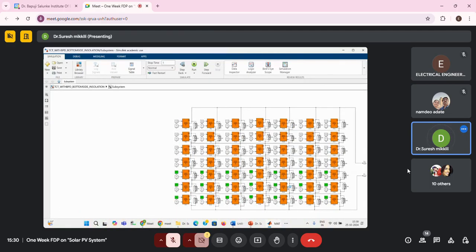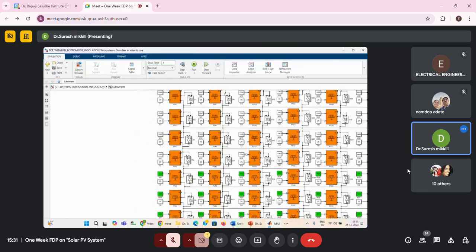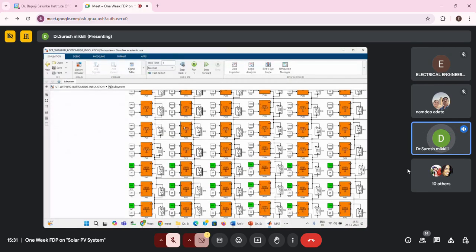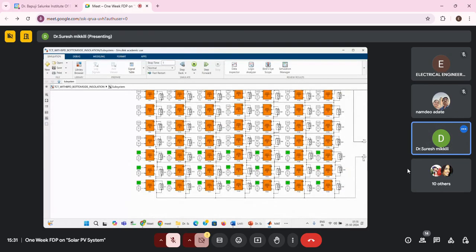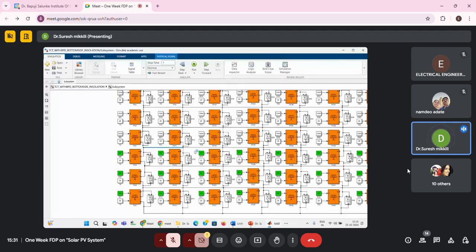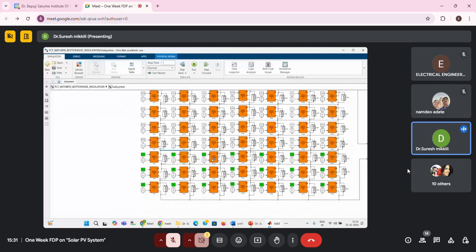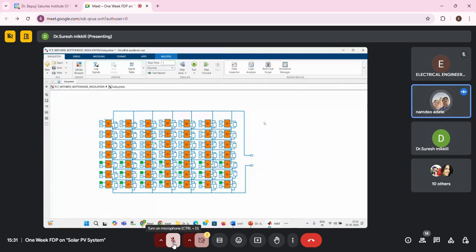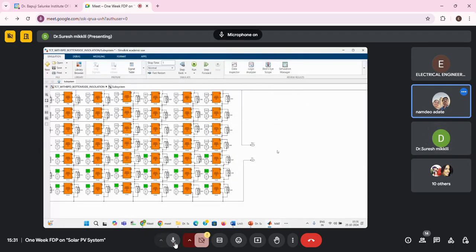Can you observe? All the modules are connected. All modules are connected together. Is it okay? You understand? Yes, sir.